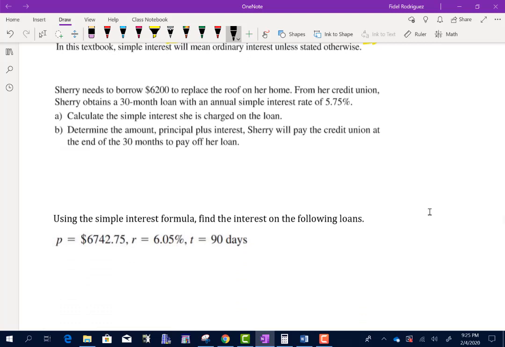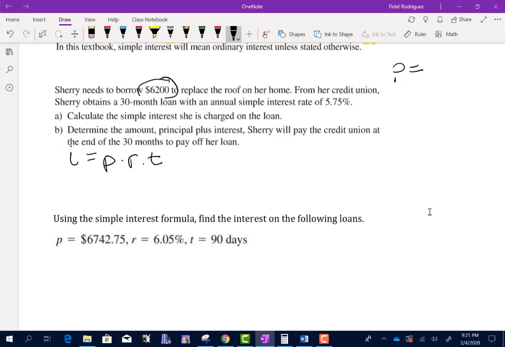Sherry needs to borrow $6,200 to replace the roof on her home. From her credit union, she obtains a 30-month loan with an annual interest rate of 5.75%. Okay, it says calculate the interest she's charged on the loan. So first thing, guys, I'm going to write down my formula. I equals P times R times T. Okay, so over here on the side, P is the amount of money that we're going to borrow.